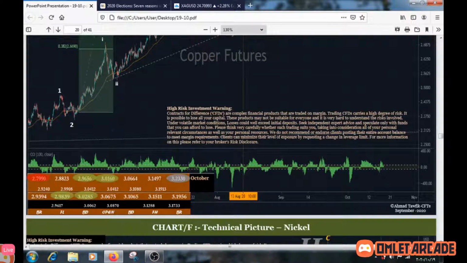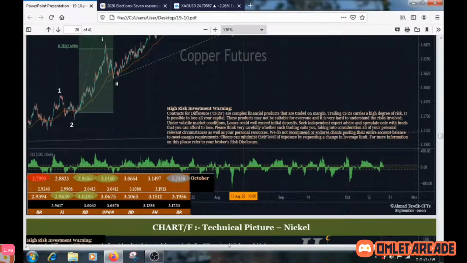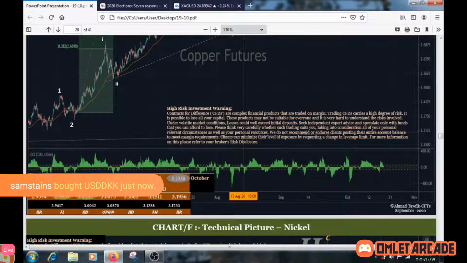So of course these are the levels of entry, 3.02 and 2.98 instead of 2.9656, to make up for spread, and your stop of course is 2.75 or 2.78 as shown above.